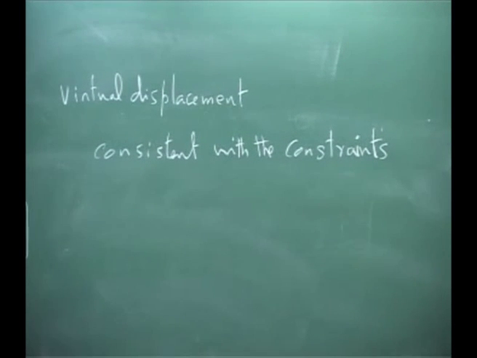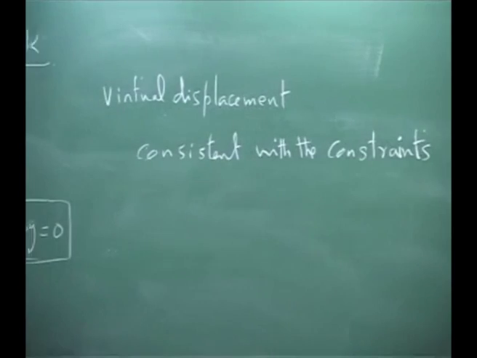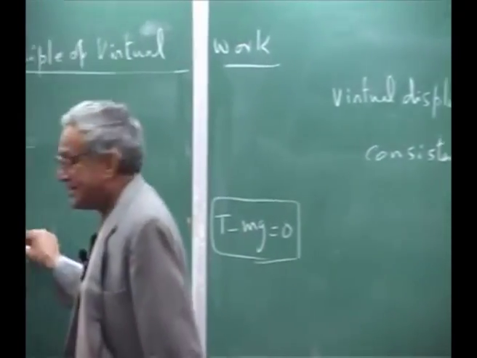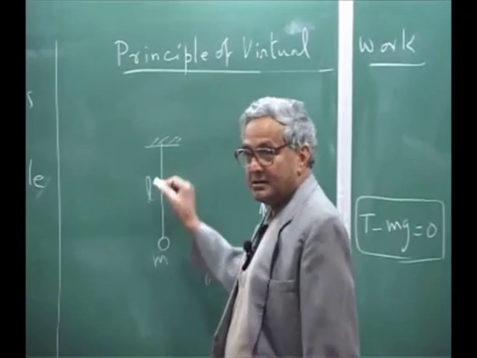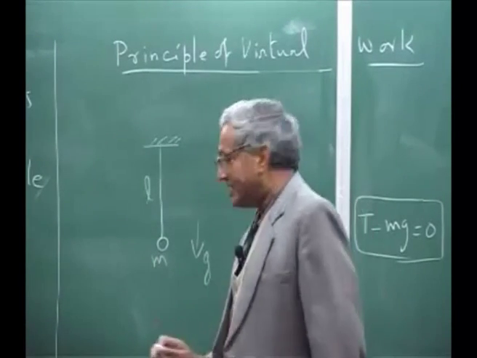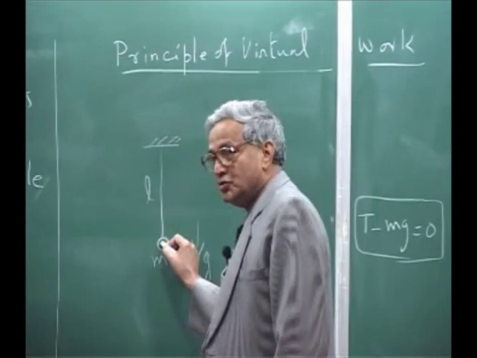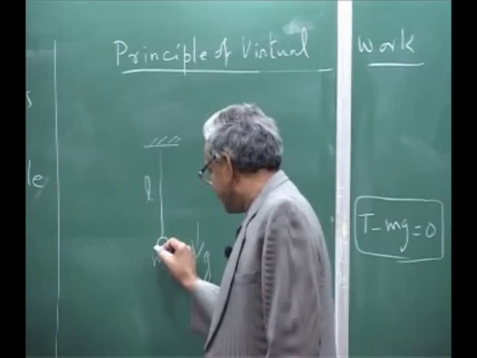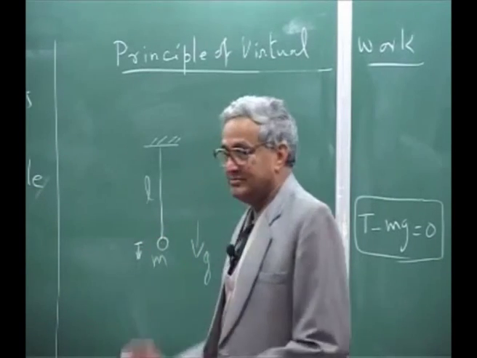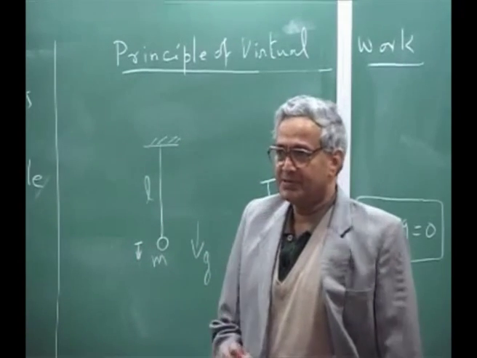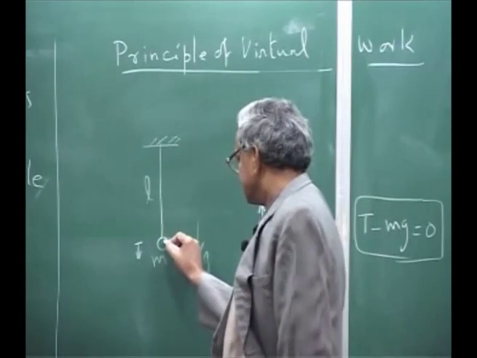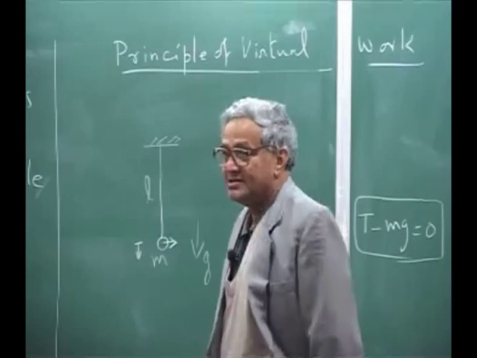Now, what is consistent? Here we said that the length is constant. That means it cannot extend. We cannot give a virtual displacement in the vertical direction. You can only give a virtual displacement in this direction.